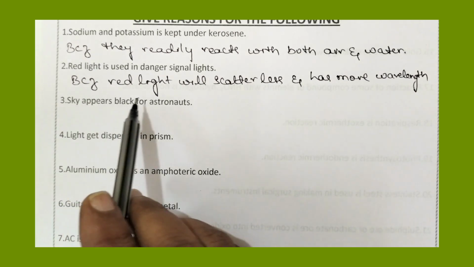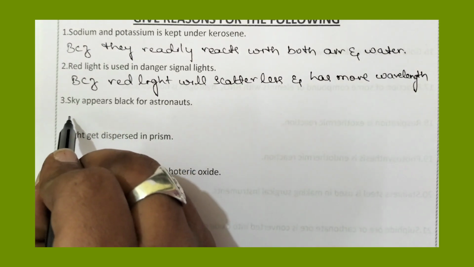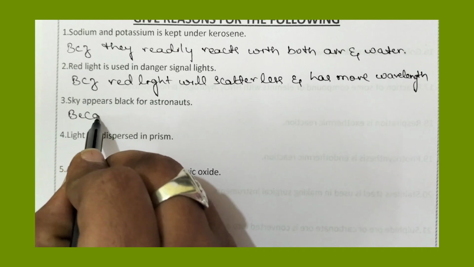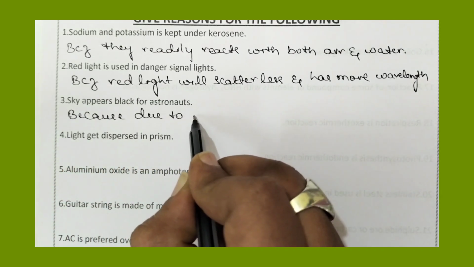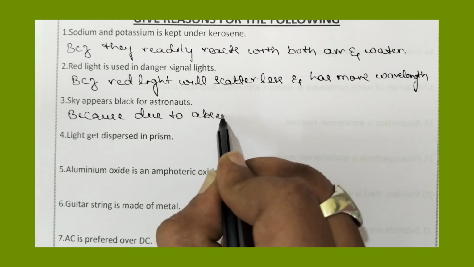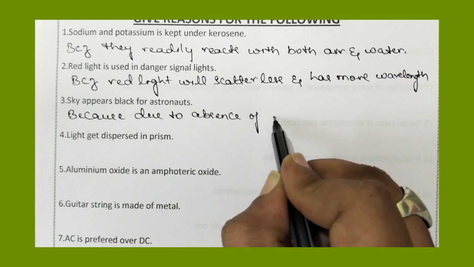Next, sky appears black for astronauts. Why? Because of absence of atmosphere.